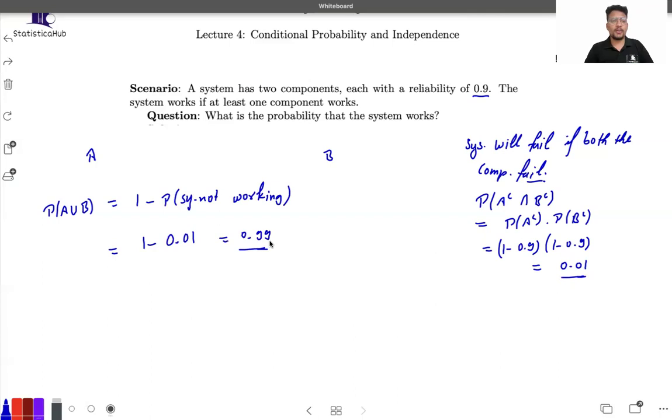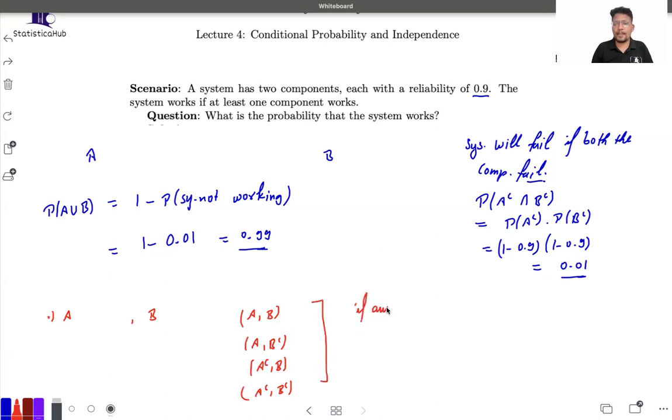One more concept you can take into consideration: if you have some event A and some event B, you can have different combinations. You can have A, B; A, B complement; A complement, B; and finally A complement, B complement. Just remember that if any one pair is independent, then the other pairs will also be independent. So you don't have to check the other pairs. If one of the pairs holds the independence condition, then all the other pairs will also be independent.